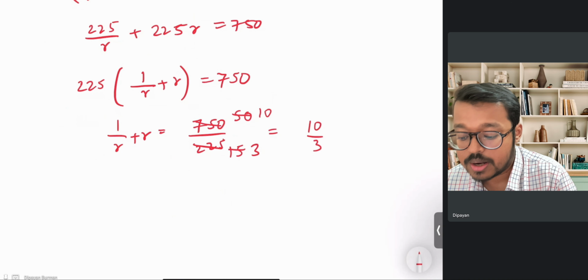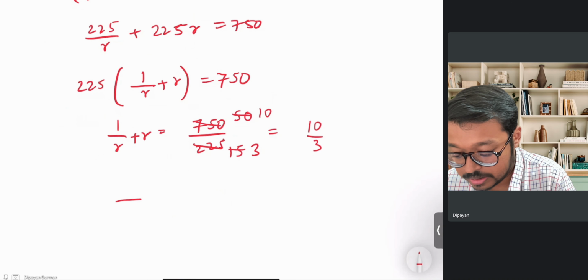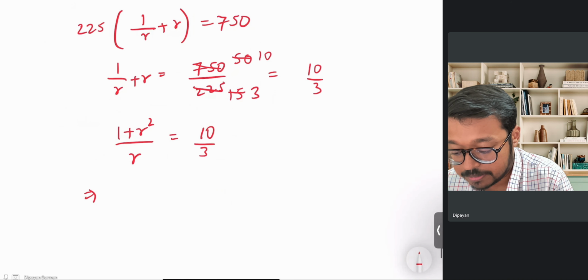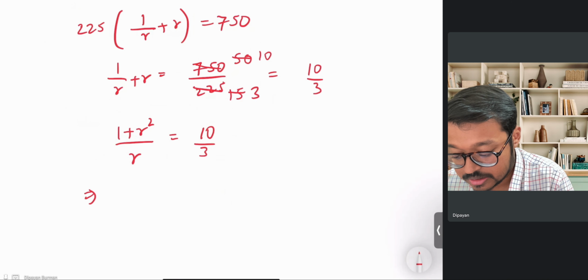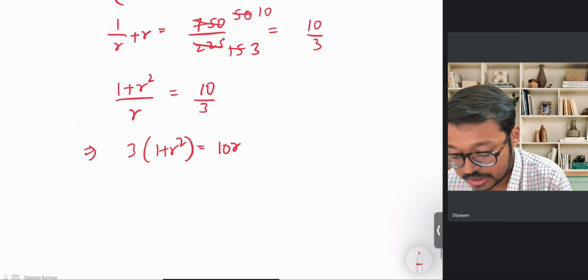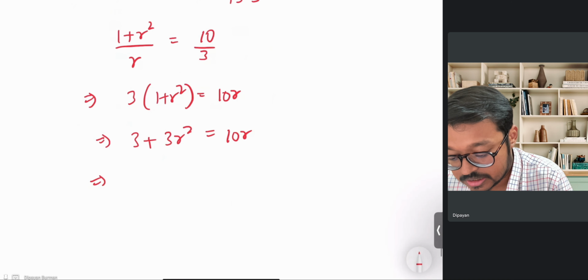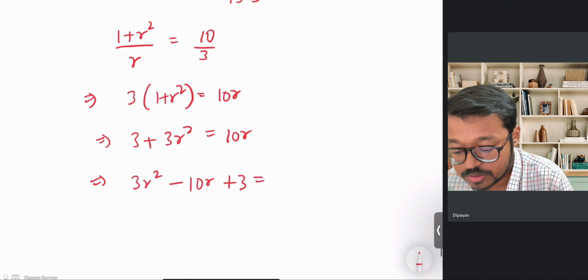Now 1 by R plus R, if I take the common denominator R, I get 1 plus R square over R equals 10 by 3. Then cross multiply: 3 times 1 plus R square equals 10R. So 3 plus 3R square equals 10R. If I bring the 10R to the left side, I get 3R square minus 10R plus 3 equals 0.